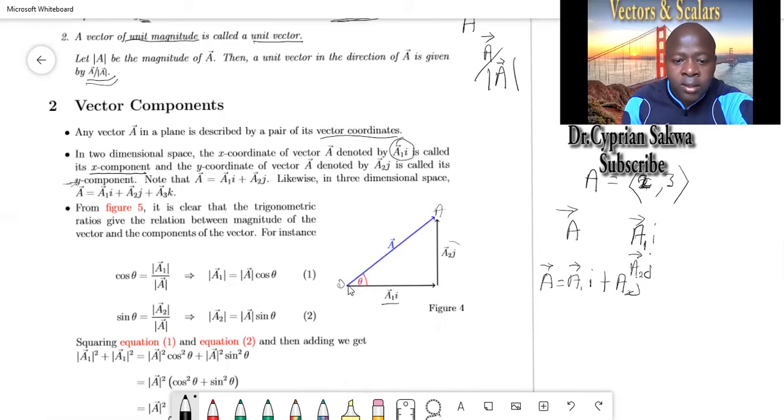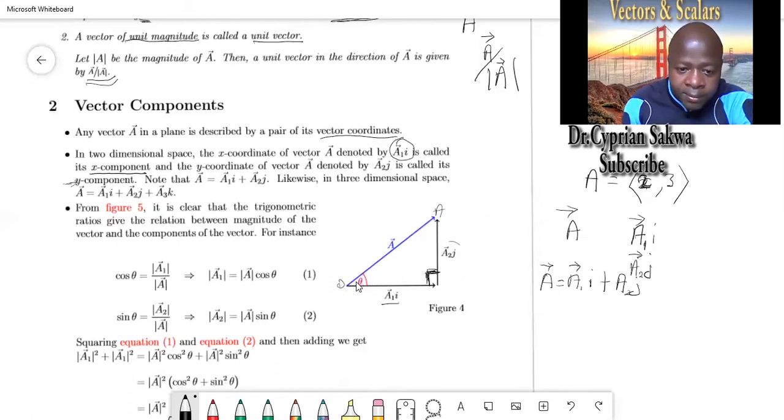So you can see that we have the x component and the y component for this vector. What is important is that they form a right angle triangle. This angle here is 90 degrees, and we can use trigonometric ratios to express the x component and the y component of this vector.